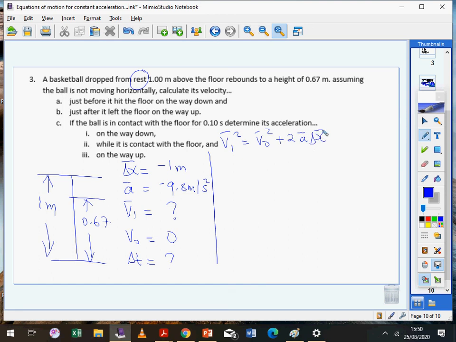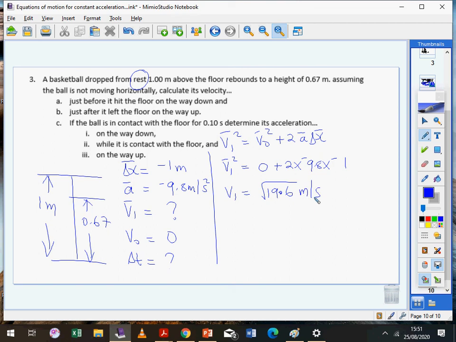Final velocity squared equals v naught, which is 0 because it was at rest, plus 2 times negative 9.8 times negative 1. And my v1 will be the square root of 19.6. So you can work it out and find the final velocity just before it hits the ground.